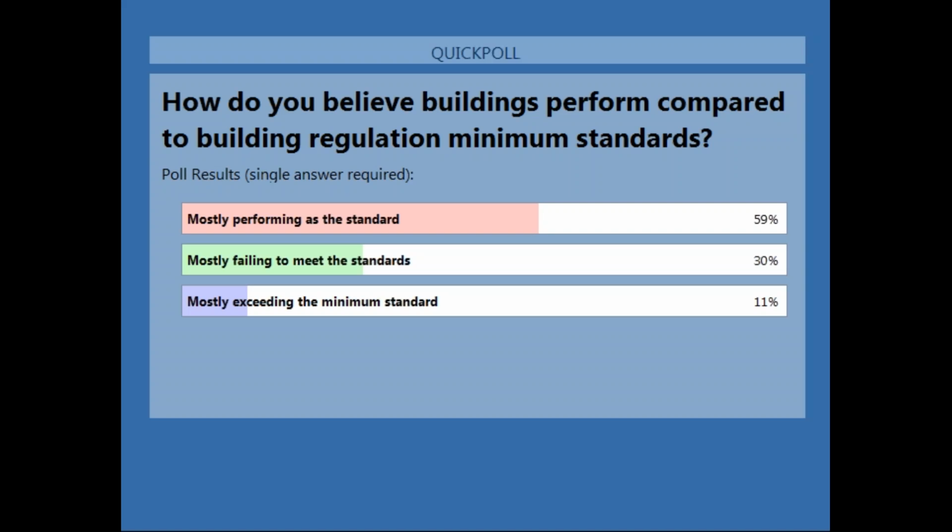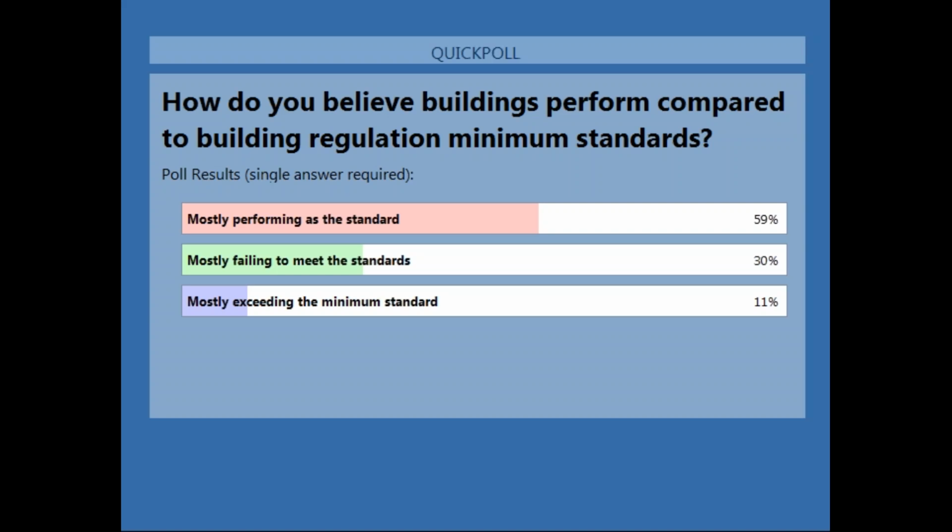And I think it ties into a comment that's just dropped in that says housing is often built to meet the minimum standards. Those of you who've listened to me on webinars before will know that one of my bugbears at the moment is that we have minimum regulatory standards to build to, and people tend to use that minimum standard as a target, and therefore if they fail in any way, they fail to meet the minimum standard.